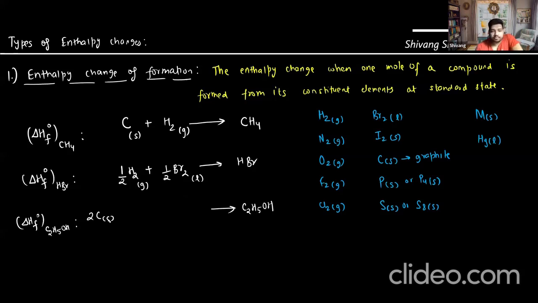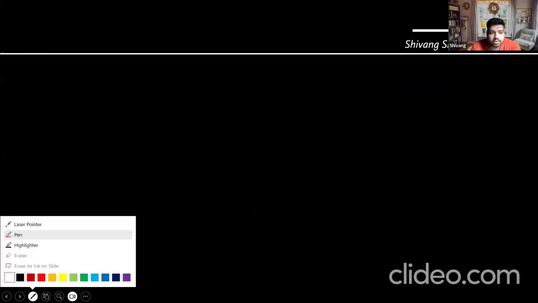The physical states are important to write. 2 carbon solid, there are 6 hydrogens, so 3 H2 gas, and there is 1 oxygen, so half O2 gas, and that makes it the enthalpy change of formation of ethanol. And you see, it's super simple. Just 1 mole of product we have to form from the elements in the standard state. Okay. Now we are going to move on to the second type of enthalpy change.